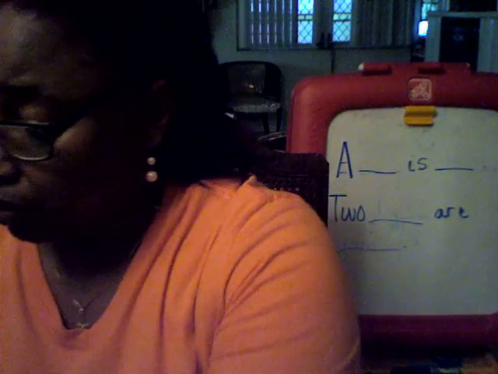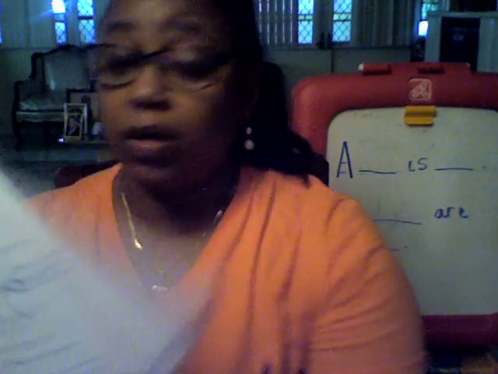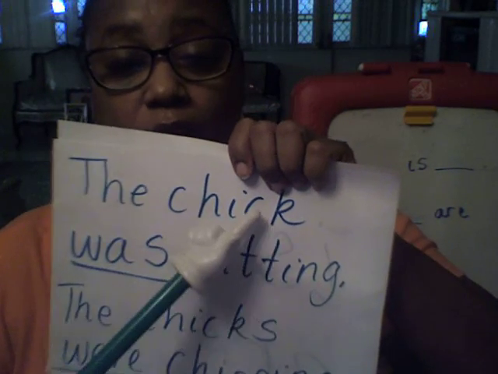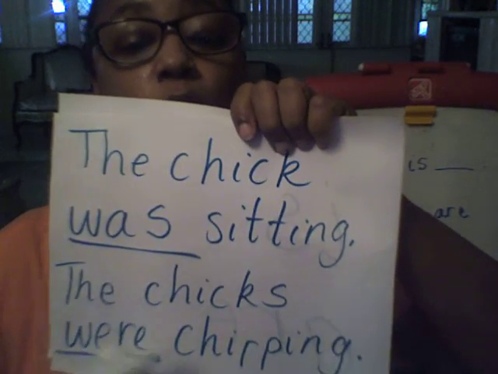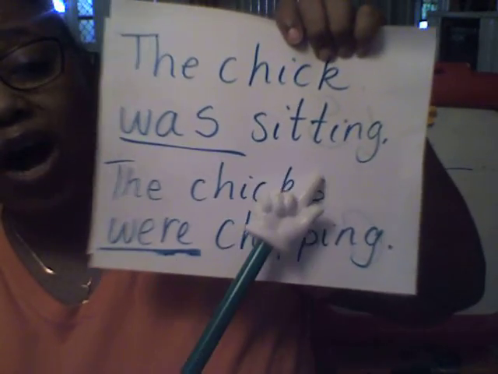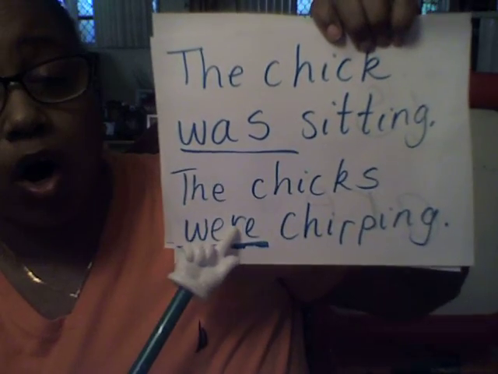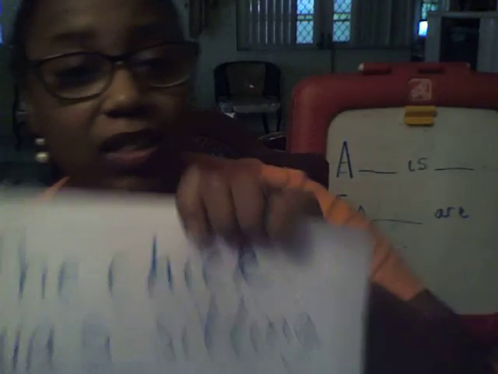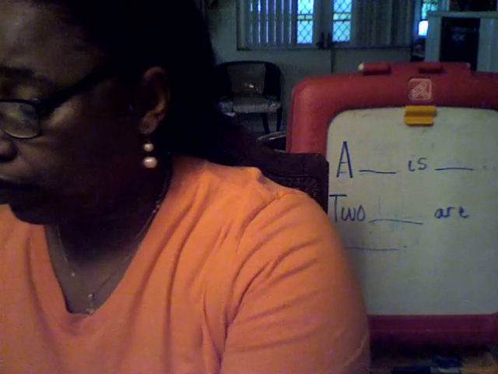Okay? So we're using was and were. So here we go. See here? The chick was sitting in the past. Still using one, talking about the chick. Was sitting. The chicks were chirping. You see that? The chick was sitting. The chicks were chirping. Okay? Do you see that? We're using was and were.